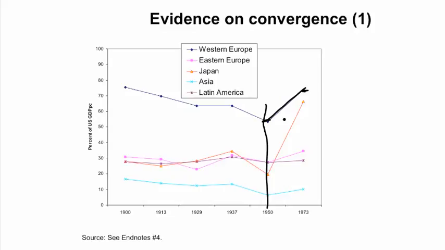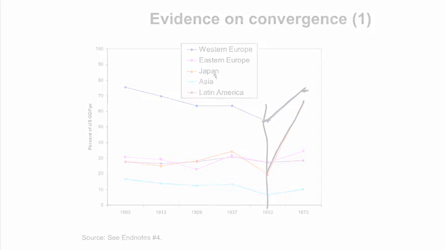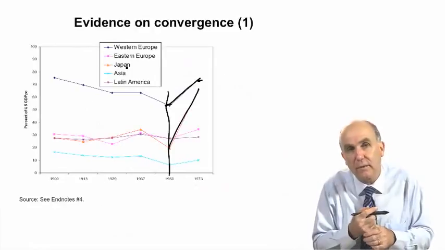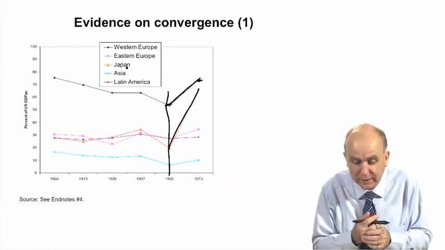So Western Europe is certainly during this period converging towards the GDP per capita that was in the United States. You can see the other region of the world where there was rapid convergence was Japan. And that's something we'll come back to in the next lecture, in fact.